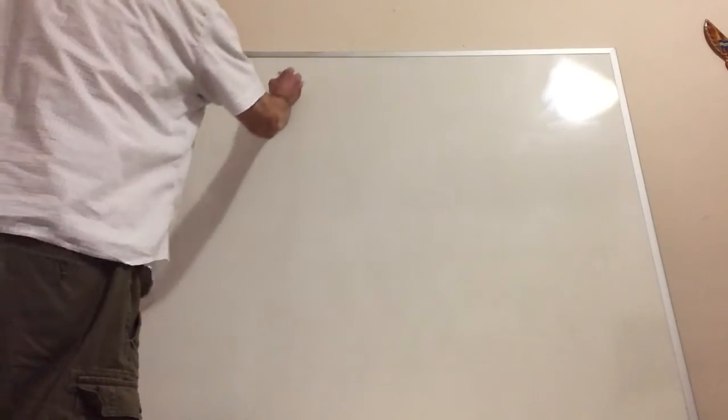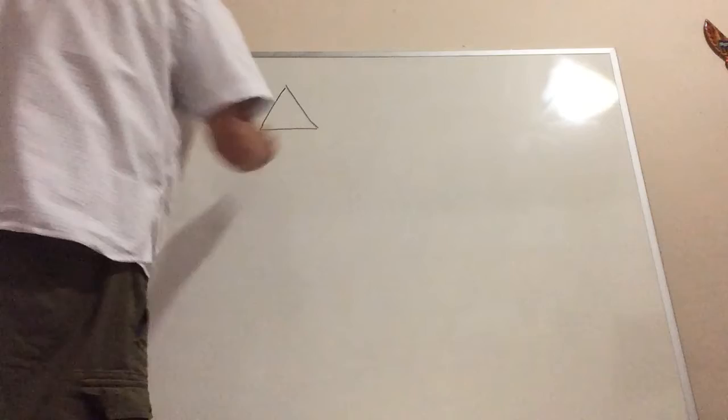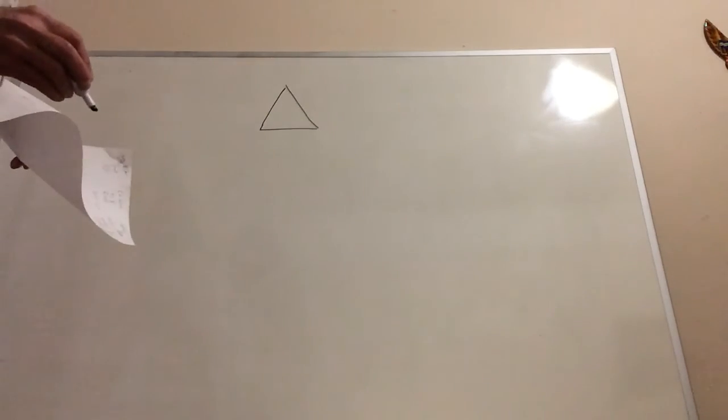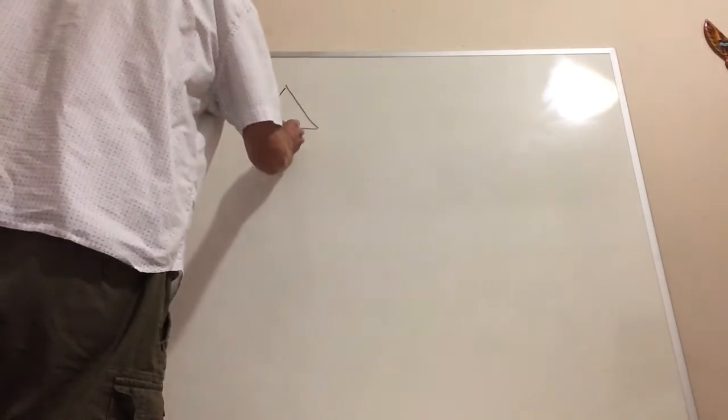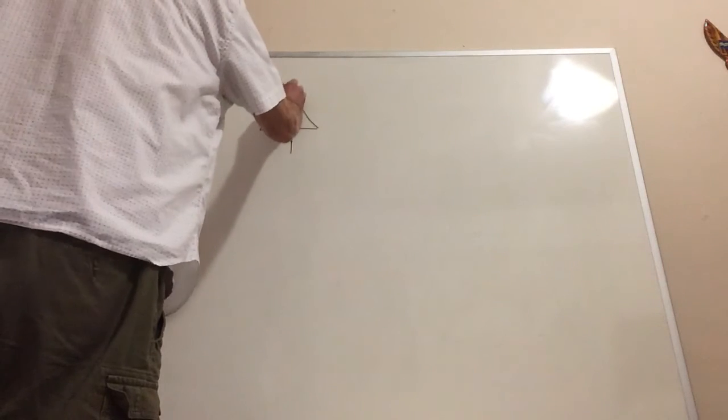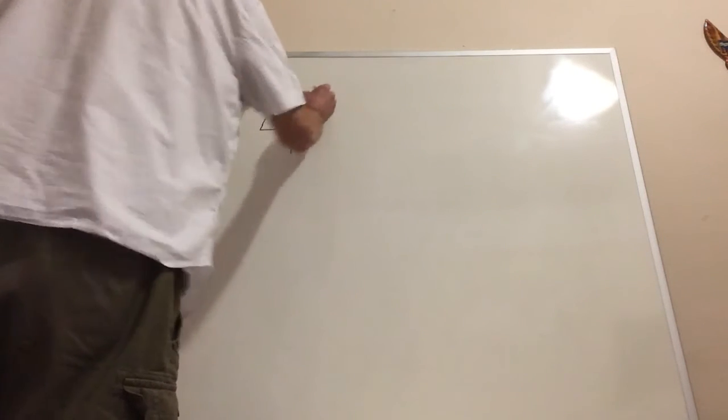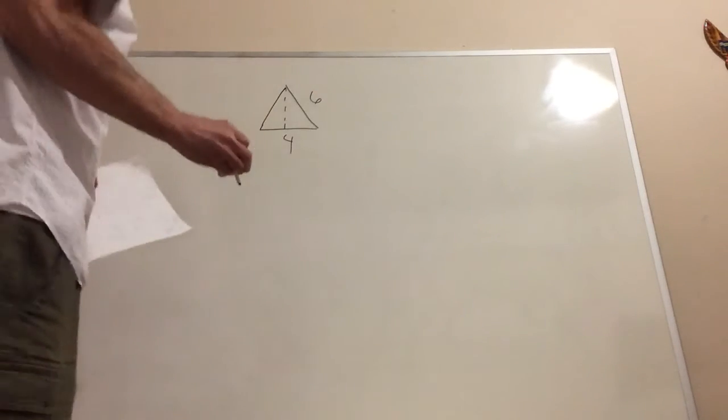So, when you were in elementary school or 6th grade, they give you some sort of triangle, and they tell you the base is 4, and then they tell you that the height is 6, and then you'd be asked to find the area.